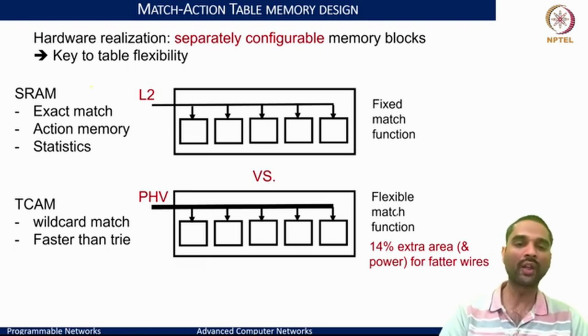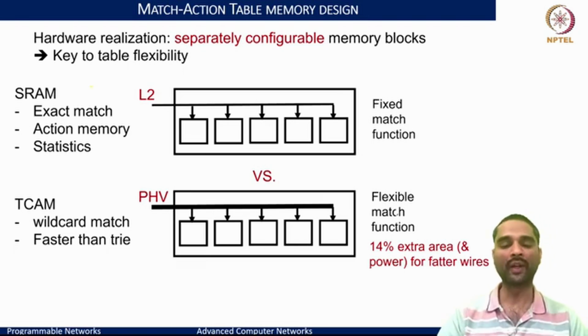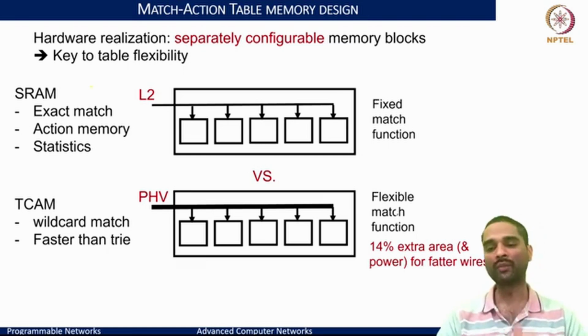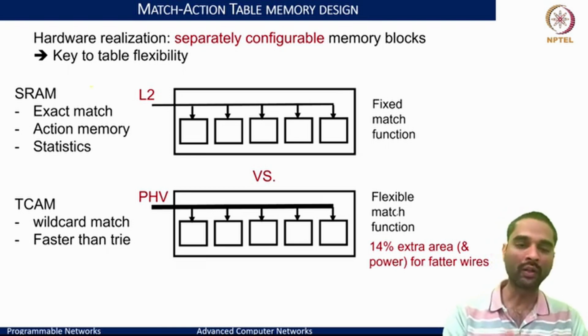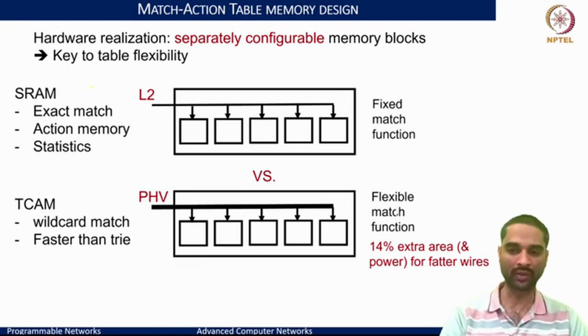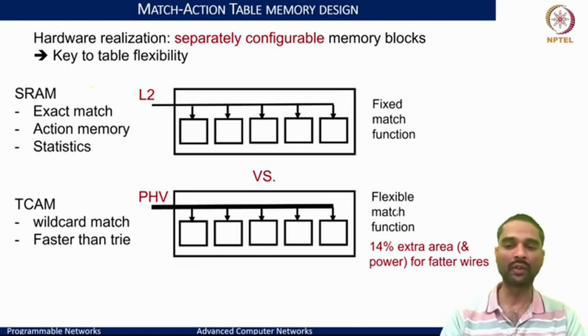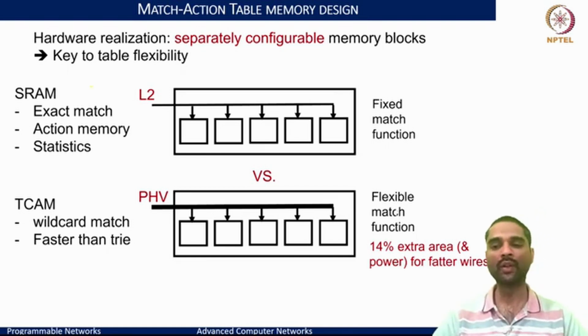Or on TCAM, you could have the packet header vectors with wildcard matches, which allow you to take flexible match functions based on how many entries really matched. And even LPM in this case can allow you to have flexible match functions.